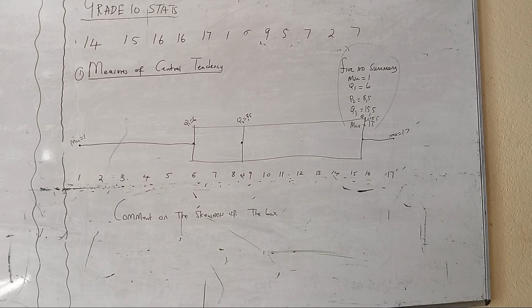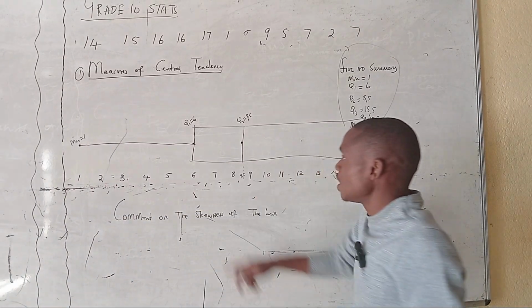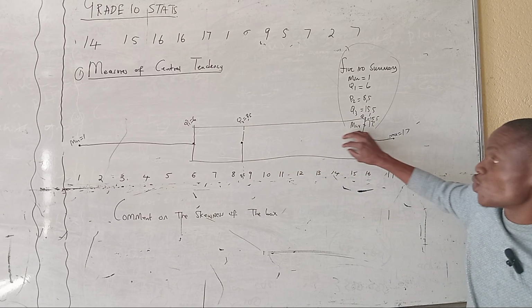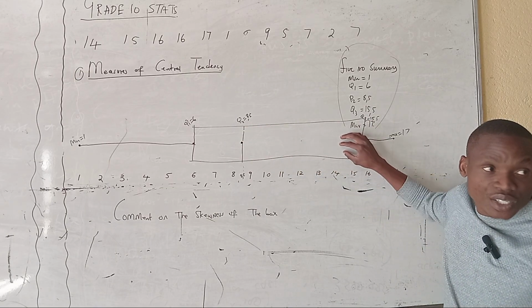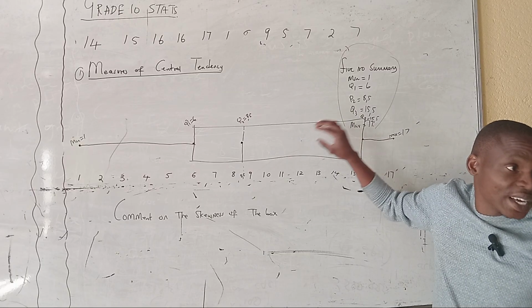The box is skewed to the right. You are commenting on the skewness of the box. Why are we saying it's skewed to the right? Because you can see that on this box, too much portion is on the right side. So the box is skewed to the right.